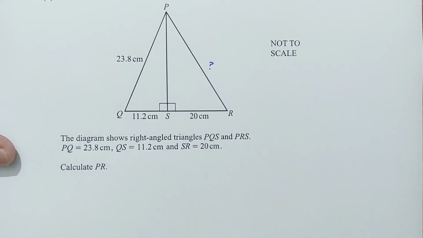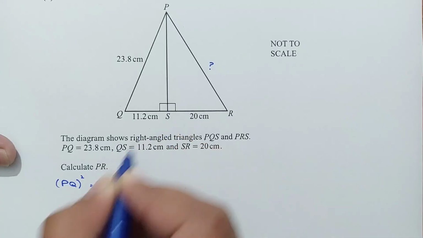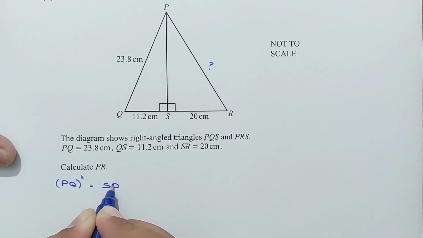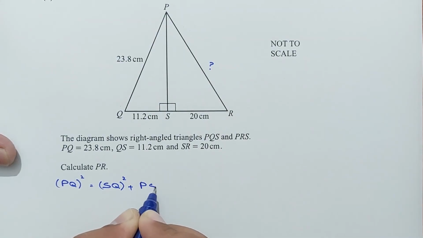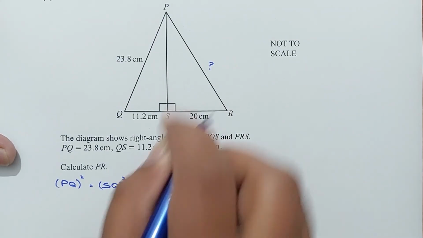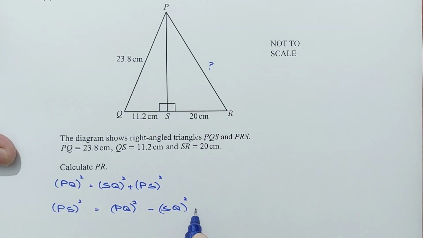Okay, so by Pythagoras theorem we know that PQ, the hypotenuse, squared equals SQ squared plus PS squared. So we have to solve for PS, so we have to subtract this. So PS squared should be equal to PQ squared minus SQ squared.